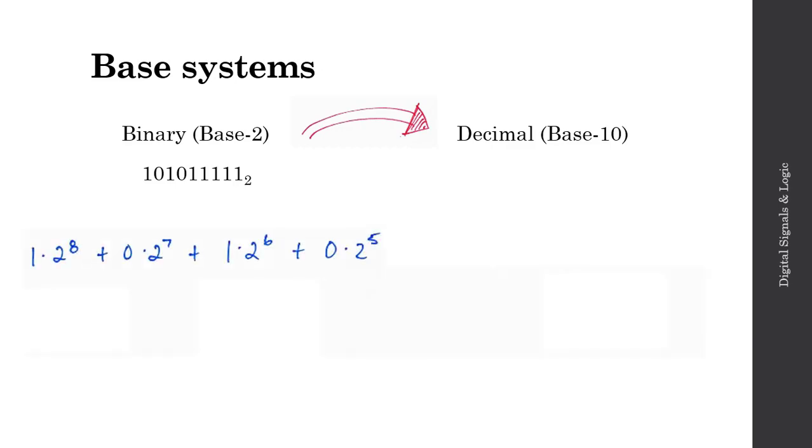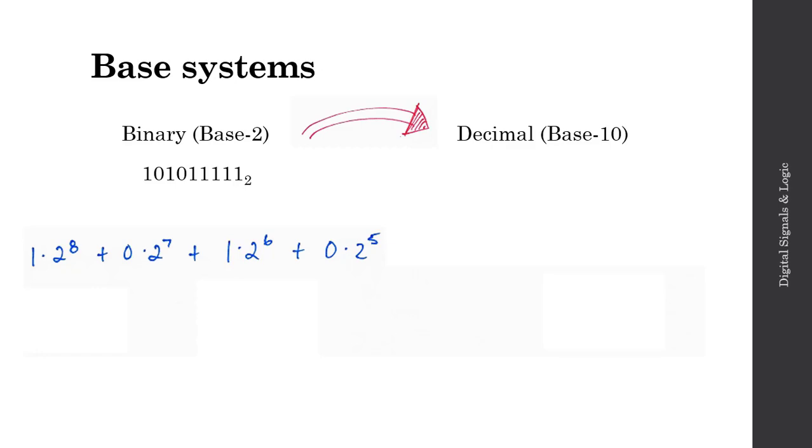As we saw in the previous example, we can write that by adding up our powers of 2 and multiplying by the associated digits. So let's work that out. I have 9 bits in my digital word, so I'm going to go from 2 to the 0 all the way up to 2 to the 8, with the leading coefficients 1, 0, 1, 0, and so on.